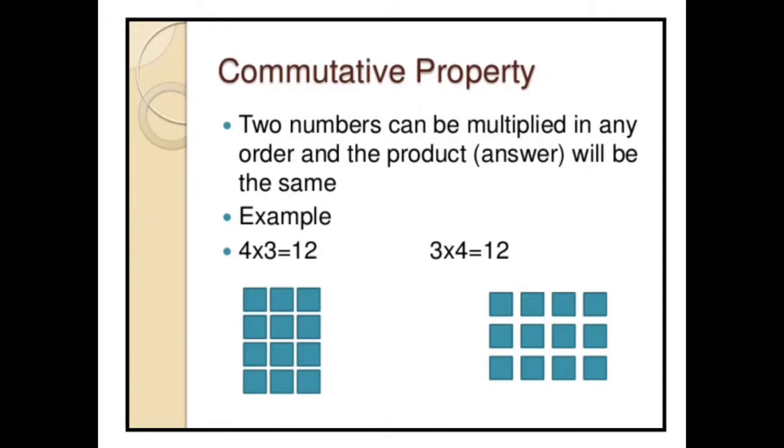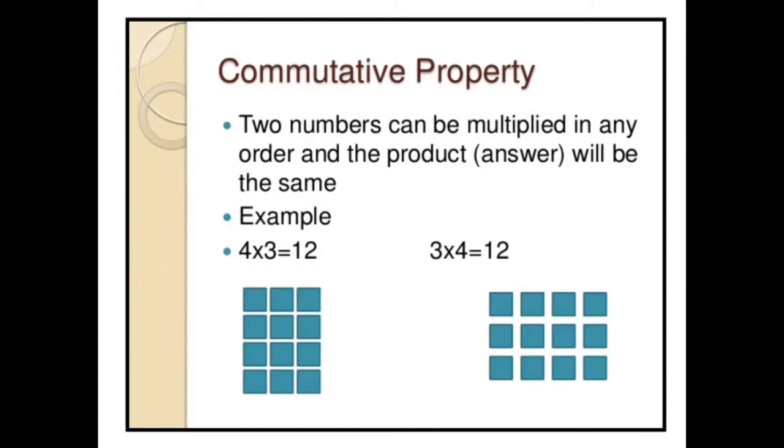It means if we change the order of the numbers, nothing affects our answer. You can see here in both conditions we have the same answer. If we change the places of the numbers, the answer will be the same.